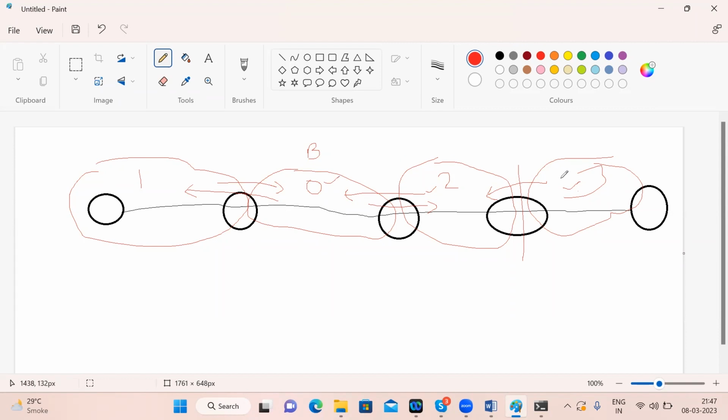I will never cross my area border router to reach any other regular area. It's not saying about the backbone area. What it says is, I will never cross my area border router to reach any other regular area. That means area 3 will never communicate with area 2. Area 2 will never exchange its information with area 0, then area 0 will never exchange that information with area 2.